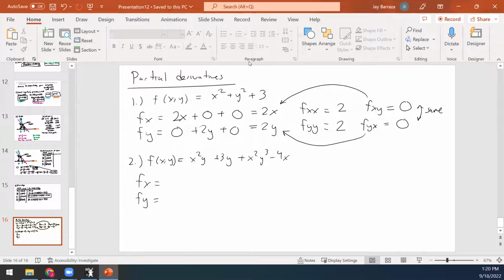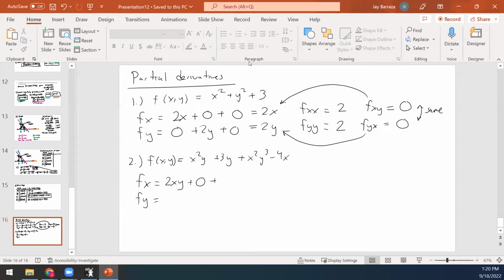So the derivative of x squared y with respect to x is going to be the following. You're going to bring down the 2, and the y is a number to you. You just leave it alone. It doesn't disappear. It's right there. Now, the derivative of 3y with respect to x is 0 because it doesn't have the letter x on it. So it's just like a number.